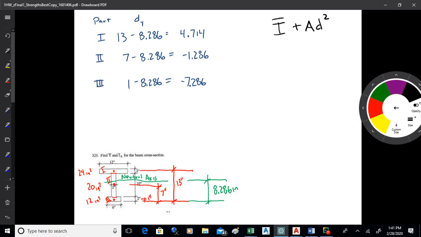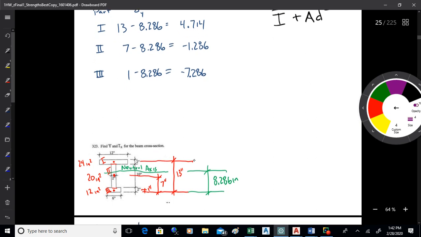So that's the neutral axis, basically. I'm going to go from there, the centroid of the entire beam, which I'll call the neutral axis. From there, I want to go to the centroids of each one of the pieces that make up the shape. So what I'm finding here are these distances: that distance, that distance, and that distance.